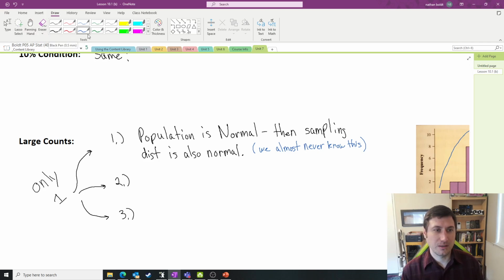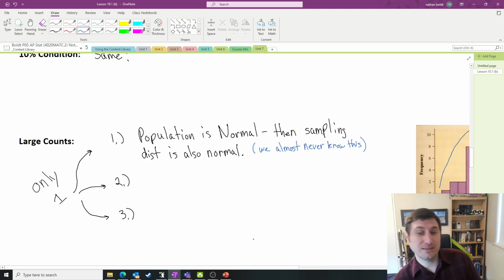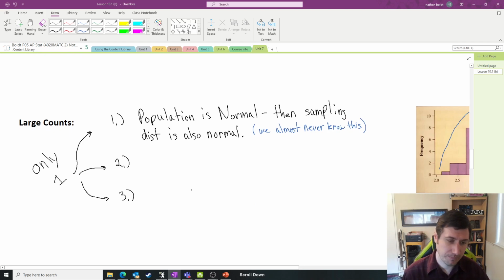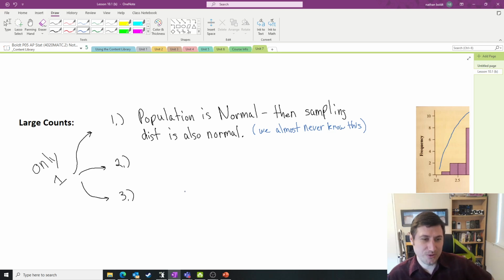Okay, so how else can we do it if we don't know whether the population is normal anymore? Well, you also know the second way as well already. Does anybody think they can guess what the second way is? Because you do know this. We did it in the first chapter of this semester. What was one of the other conditions for our sampling?